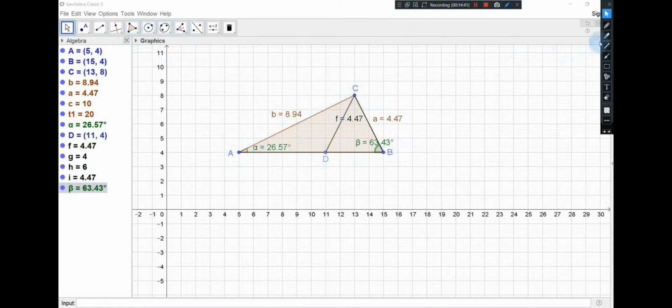So you will notice that they have some relationship, right? If this is 63.43, here will be 63.43 as well. So if you want to get this angle, you just take 180 minus 63.43. So we have two triangles here.